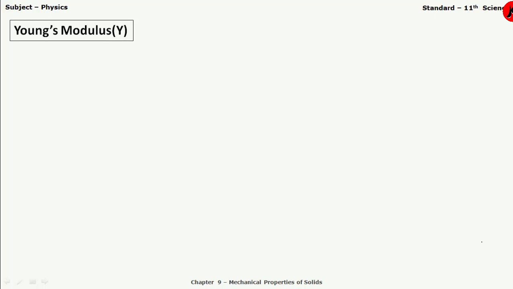Now the first type is Young's modulus. How can we define Young's modulus? It is very simple.